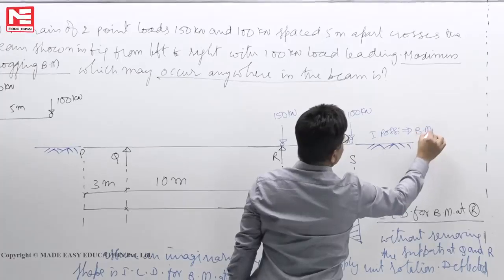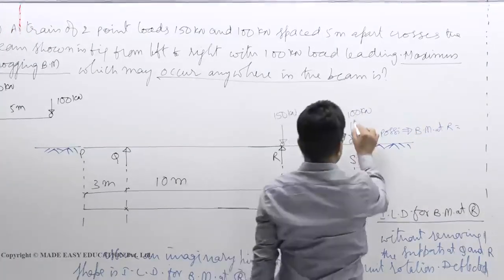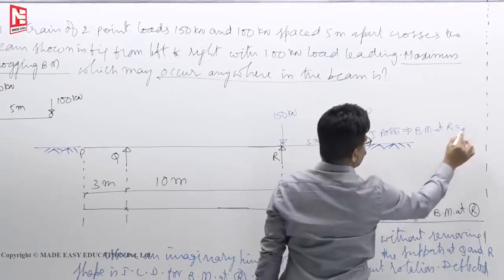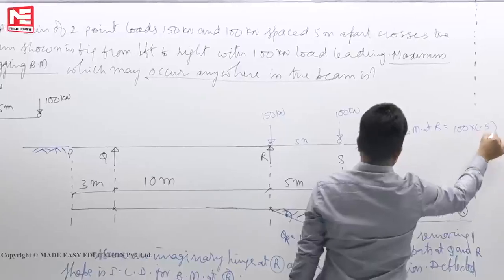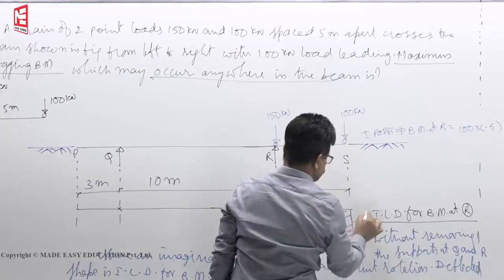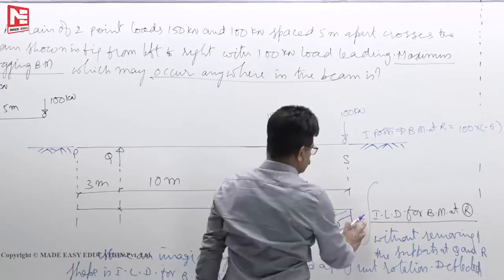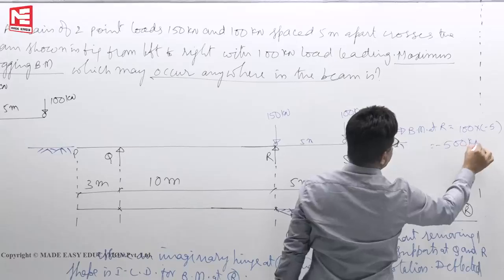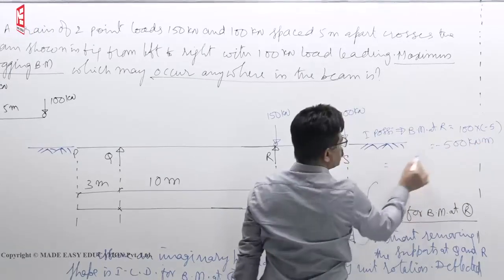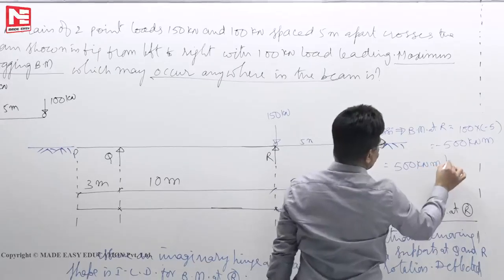What's the bending moment at R? 100 into minus 5. This value is minus 5, because 1 into 5, 5. 100 into minus 5, minus 500 kilonewton meter. Minus because hogging. So I can write 500 kilonewton meter hogging.